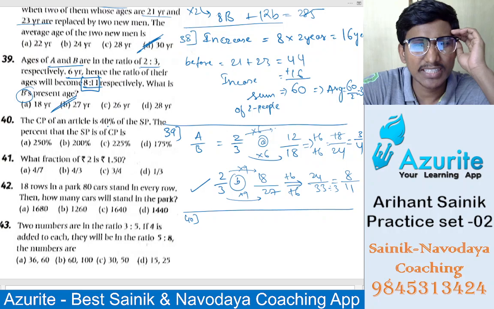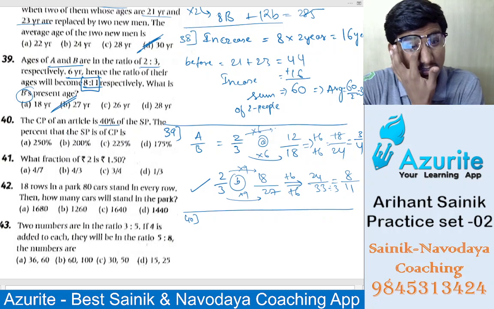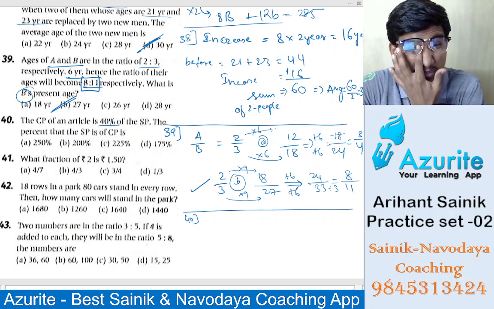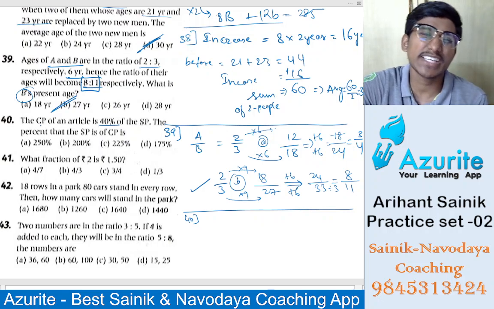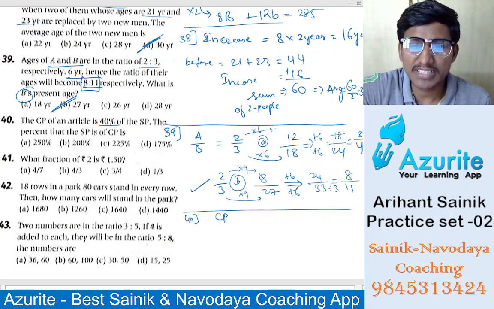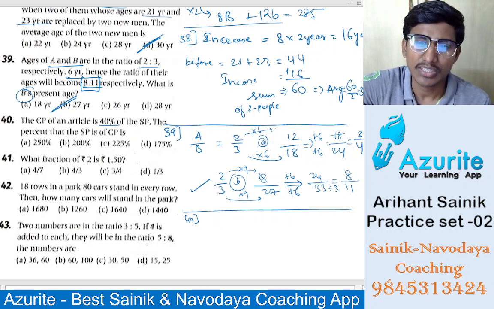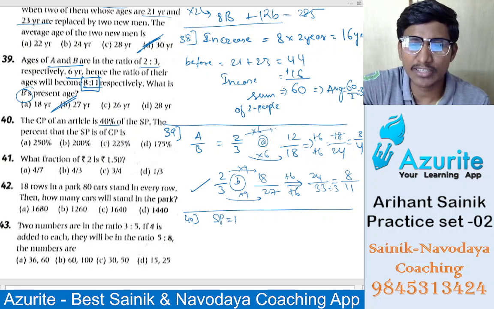Cost price of an article is 40% of the selling price. Find the percent that the selling price is of cost price. Let's take selling price as 100 rupees. Cost price is 40% of selling price, that is 40 rupees.